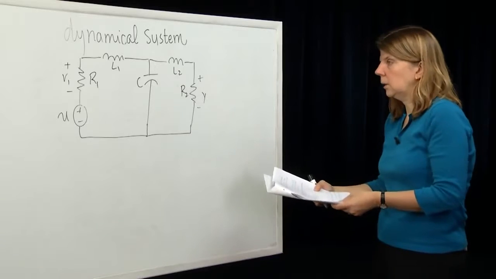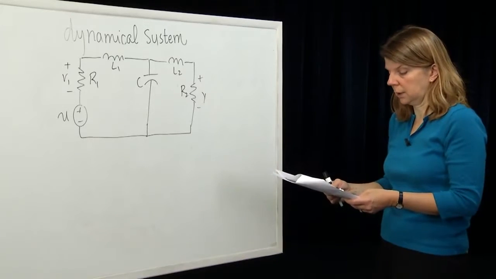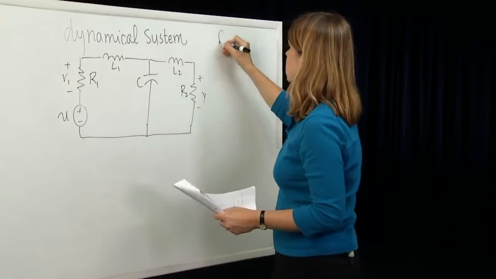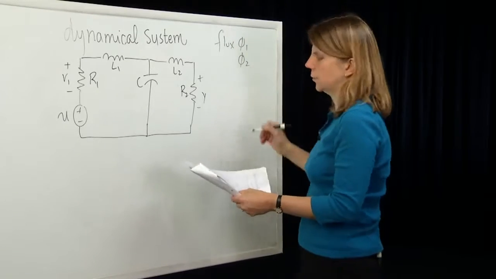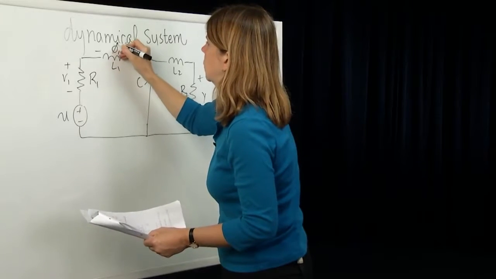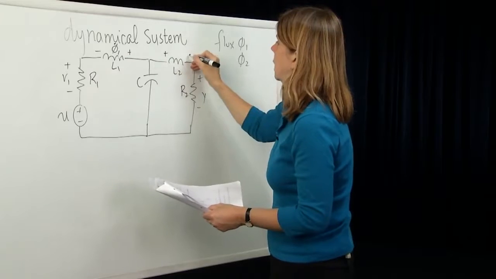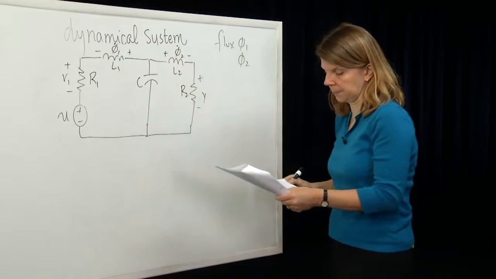And then we'll define the fluxes with respect to the inductors L1 and L2. So we'll say flux Phi1 for inductor 1 and Phi2 for inductor 2. So the voltage across inductor 1 is Phi1 dot, and the voltage across inductor 2, and I'll use that sign notation, is Phi2 dot.